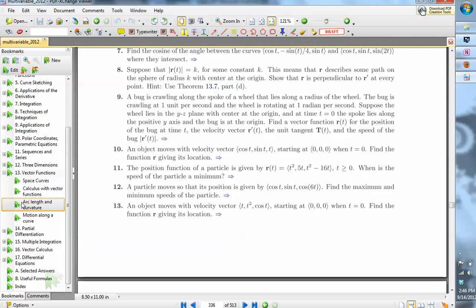Curvature measures how much a curve wants to bend. So you take a point on the curve, and if it's bending sharply at that point, then it's going to have a high curvature. Contrast that with a straight line, which is not bending at all. Straight lines have zero curvature all along them.